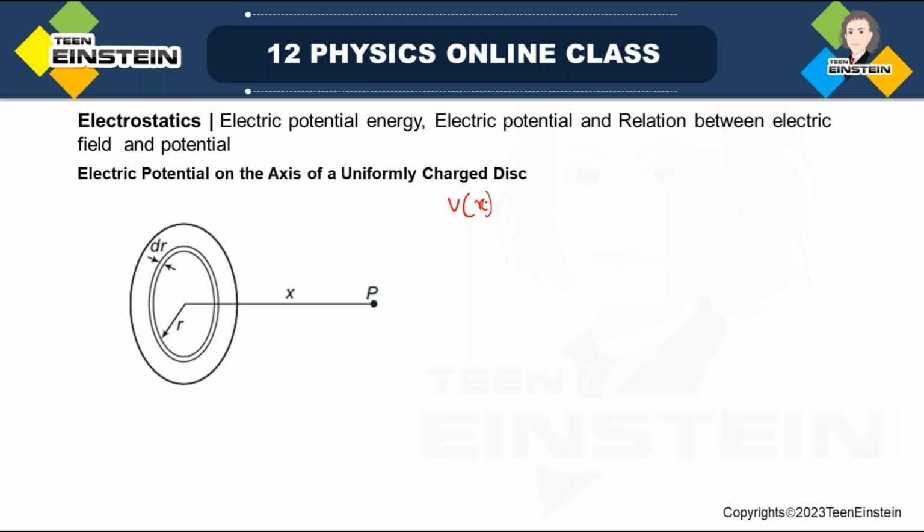In this case, this is X. So the electric potential for a continuous charge distribution, we know, is dq divided by 4 pi epsilon naught, and we have to do the integration.